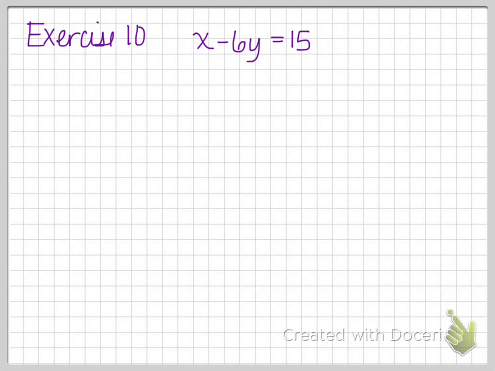Let's look at exercise 10. We want the y-intercept, which is going to be the point where x is 0. And we want the x-intercept, which is the x-coordinate where y is 0.